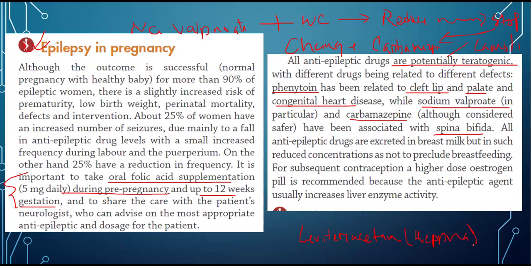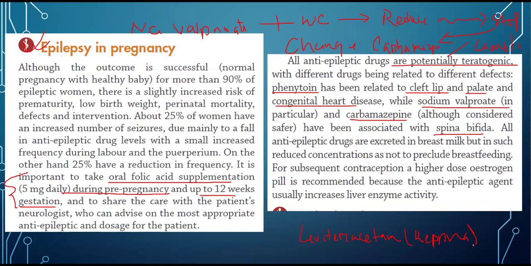These newer antiepileptics, lamotrigine and levetiracetam, are not as teratogenic as the initial ones. So you can change them to either carbamazepine or a newer antiepileptic, and the patient can continue it during the pregnancy.